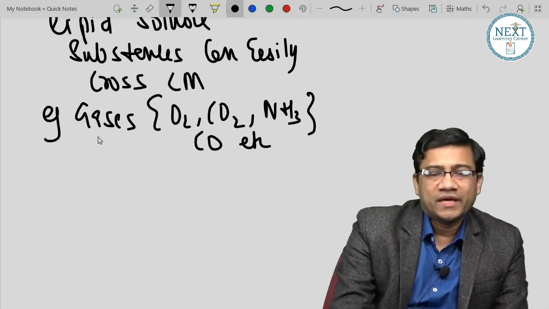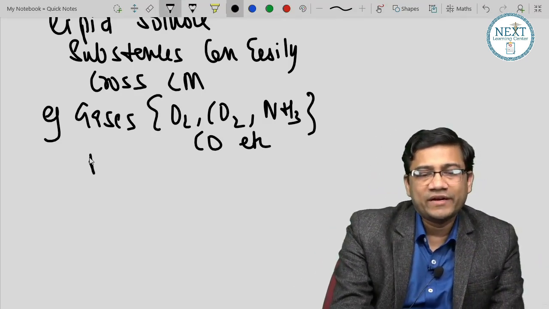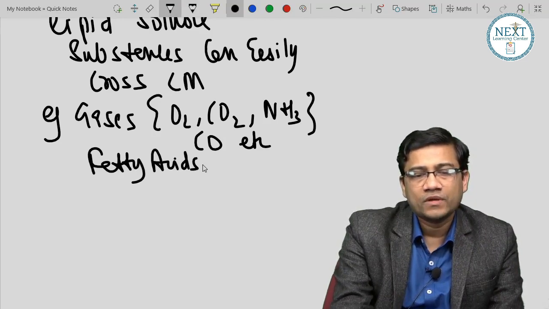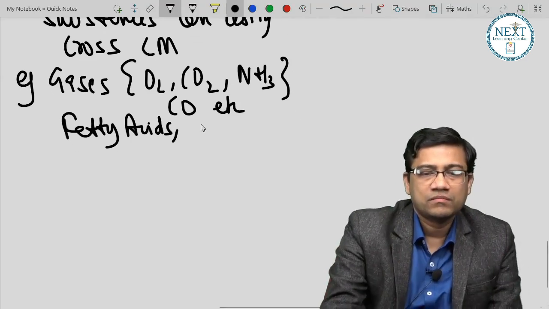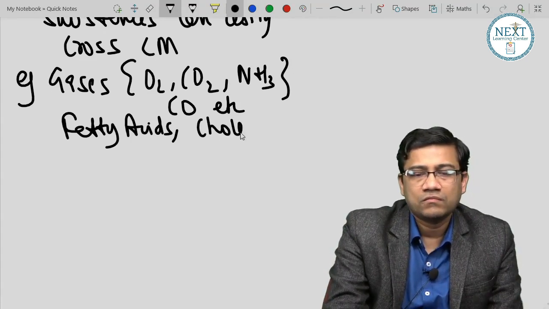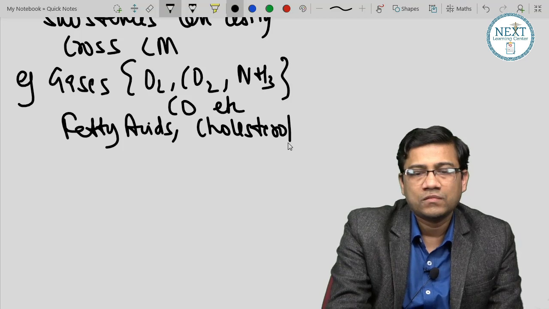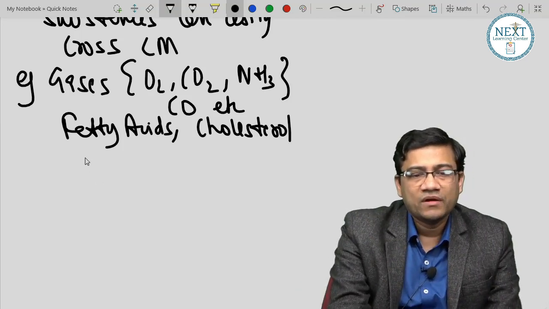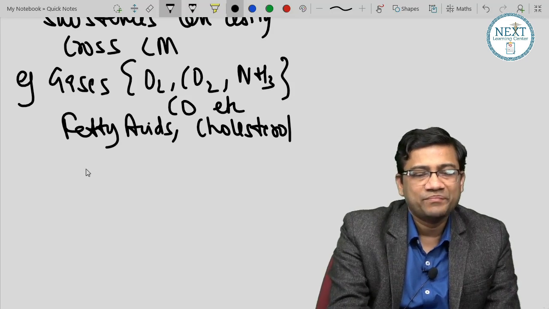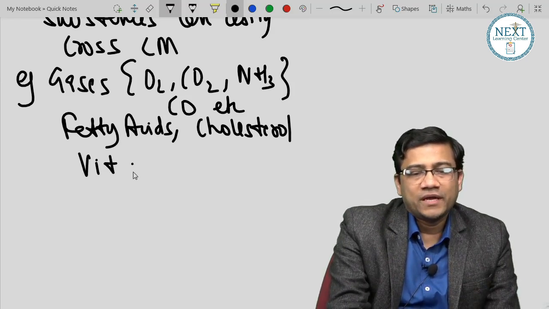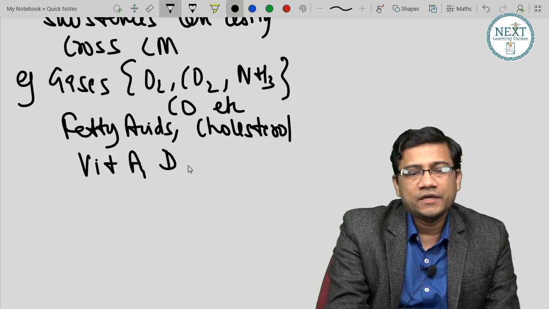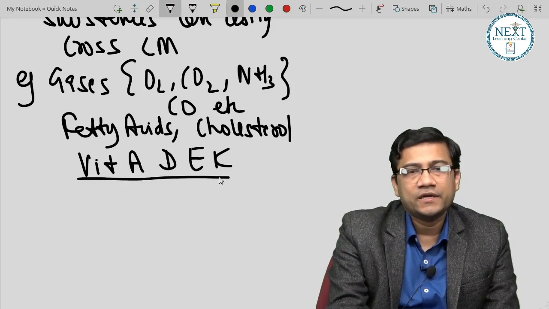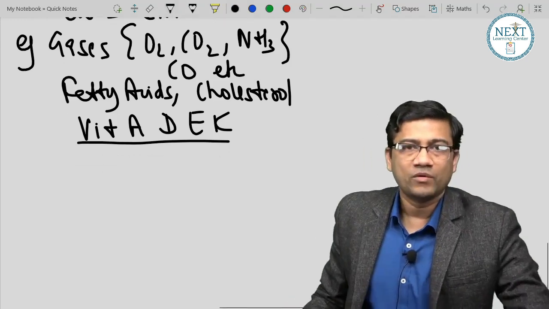Okay. Then the fatty acids, cholesterol, it can easily go in and out of the membrane. Then we also have vitamins A, D, E, K. Okay.